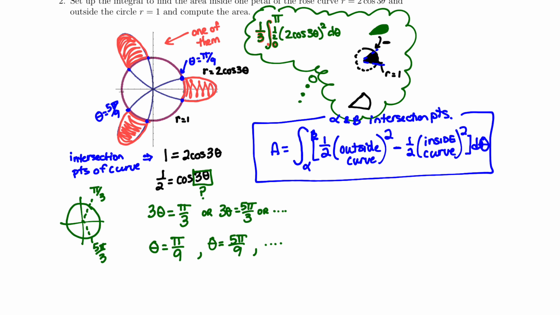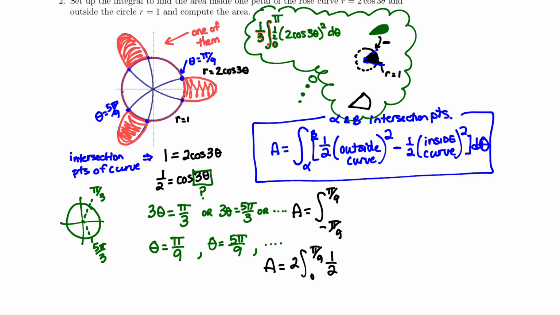And for our particular problem, because of symmetry, we could either do negative pi over 9 to plus pi over 9, or like you said, James, we could go 0 to pi over 9, but double it, right? Double it.